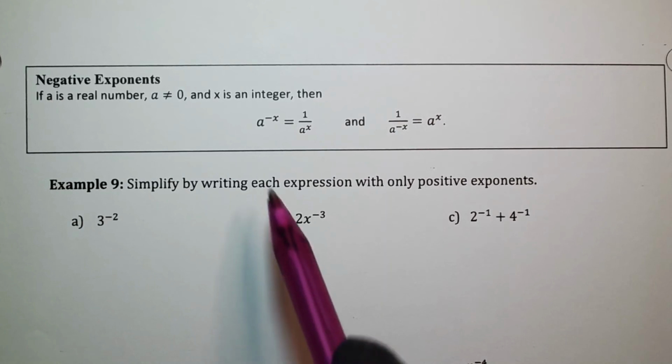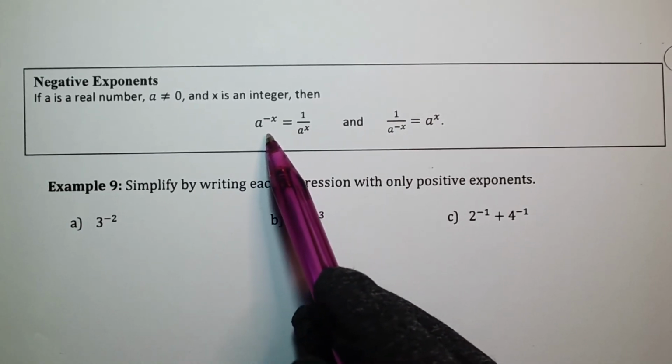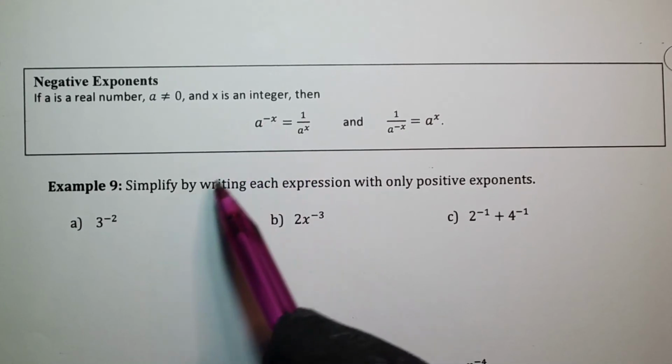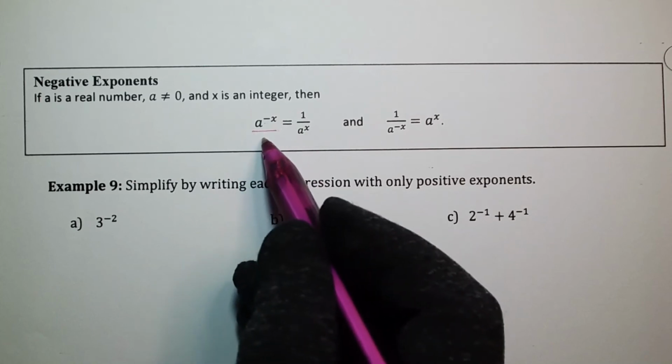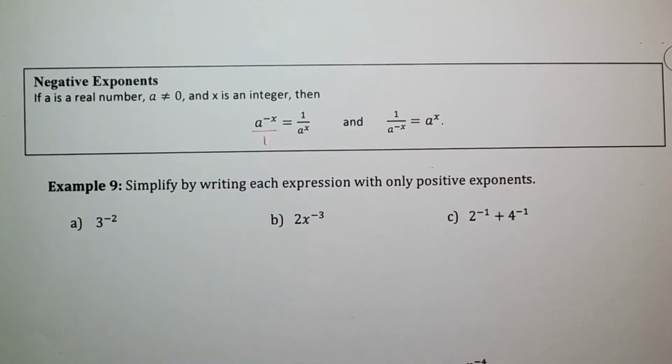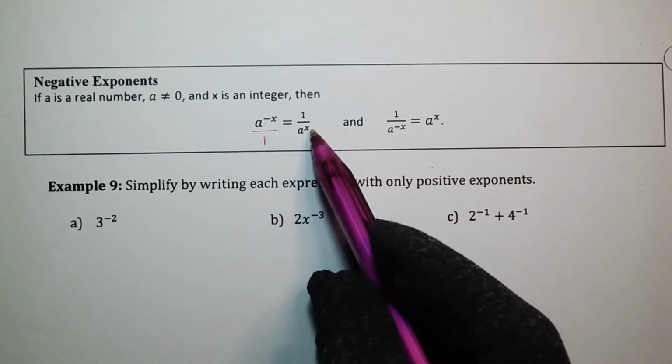If exponent is negative, we can make this exponent positive. A to the power of negative x, that means a to the power of negative x over 1. If you flip over your fraction, you're going to have 1 over a to the power of x.